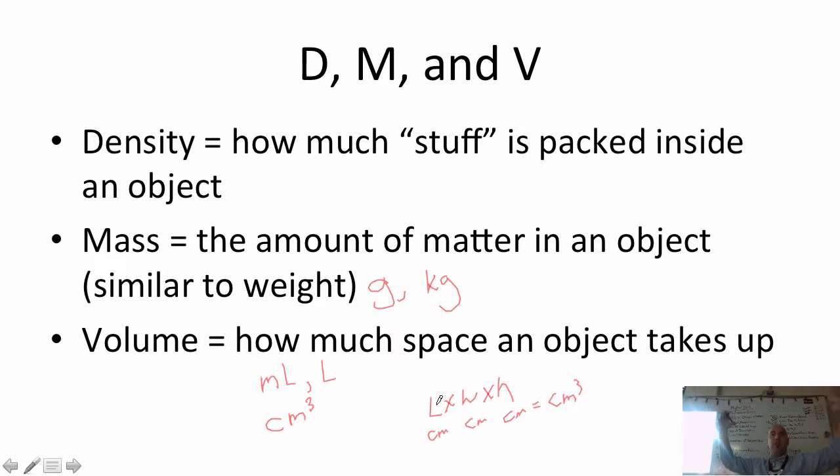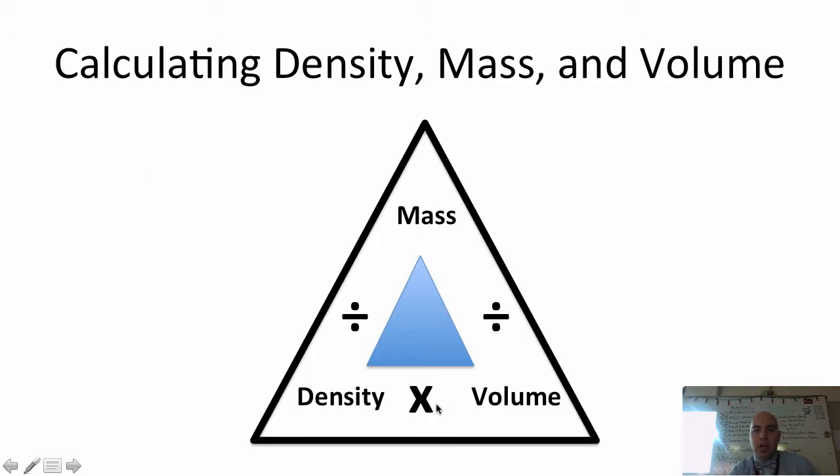No, they had different amounts of space that they took up. So which one, the glass marbles or the wood marbles, had the stuff packed together more tightly? The glass, because it took that mass and packed it into a smaller space. So the glass was more dense than the wood.